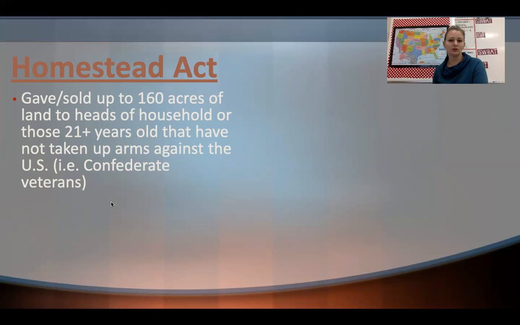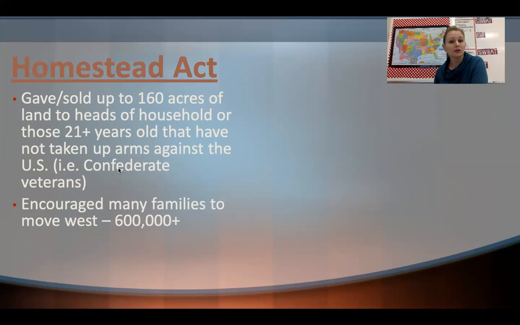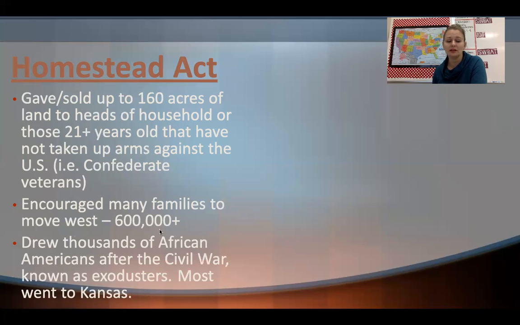We didn't want to reward those Confederates that had basically fought against the United States. So this law was passed as a way to encourage families to move out west. It was extremely successful. We see over 600,000 people move out west because they've got this opportunity to get this cheap land.